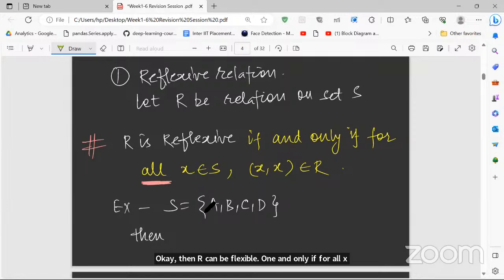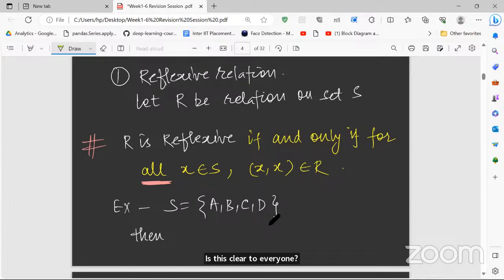If I'm asking for X1, the first element of S is A. The other element is B, the third is C, and D. So for all X means we should be having (A,A), (B,B), (C,C), (D,D). Correct? Is this clear to everyone?